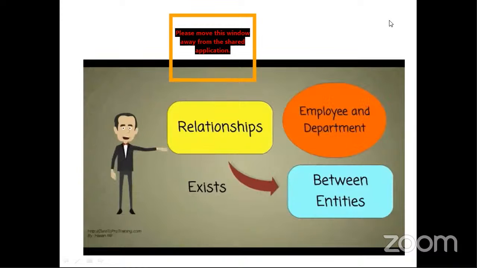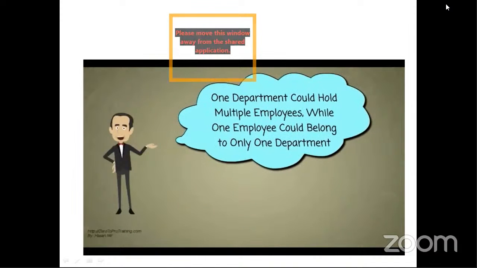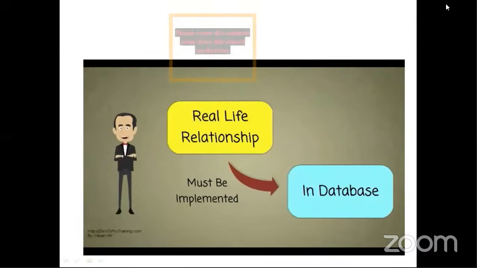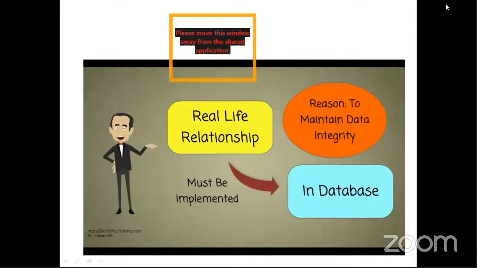For example, there is a one-to-many relationship between employee and department entities. Meaning, one department could hold multiple employees, while one employee could belong to only one department. These real-life relationships must be implemented in the database as well, for one good reason, and that is to maintain data integrity.